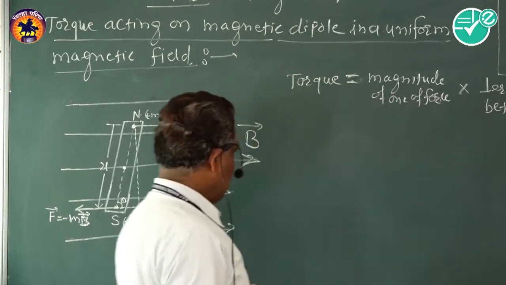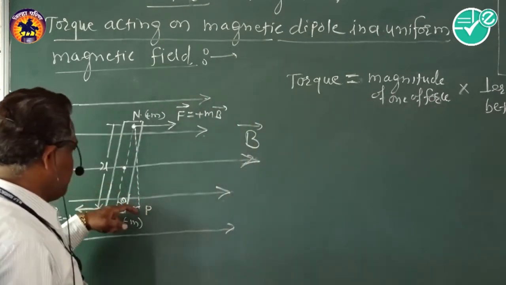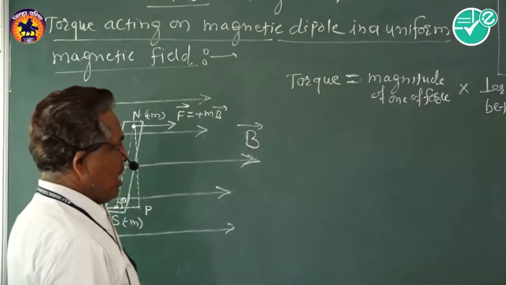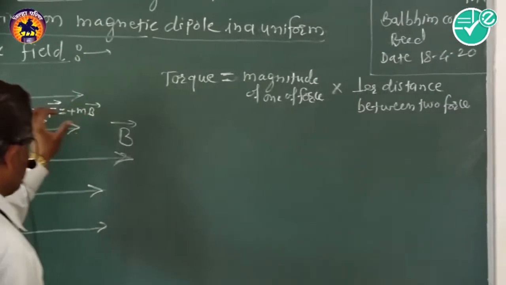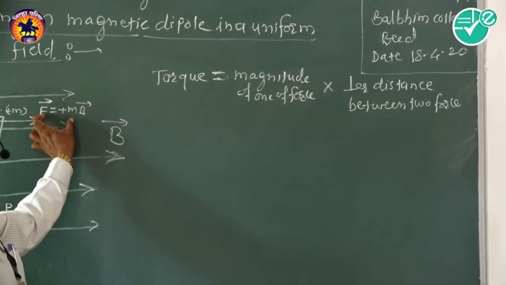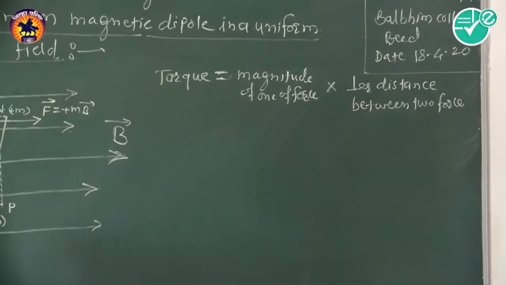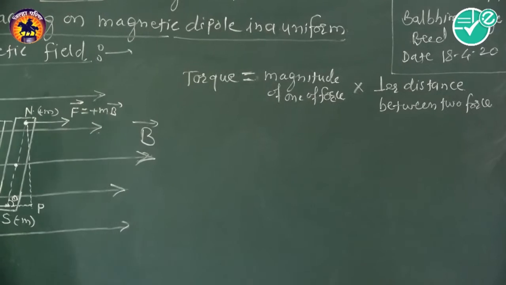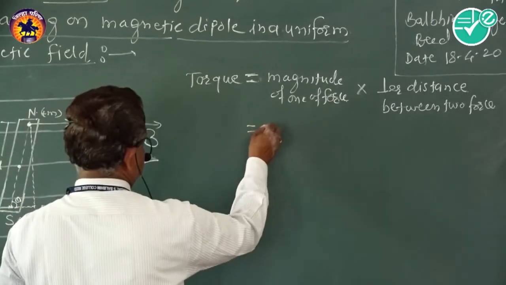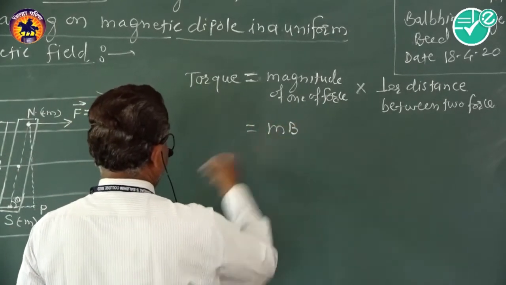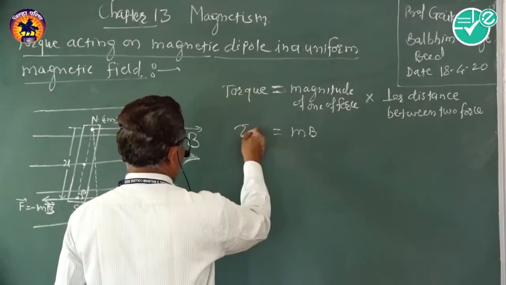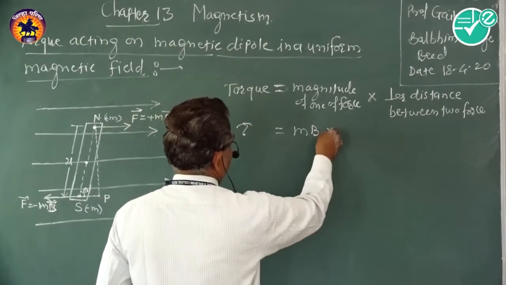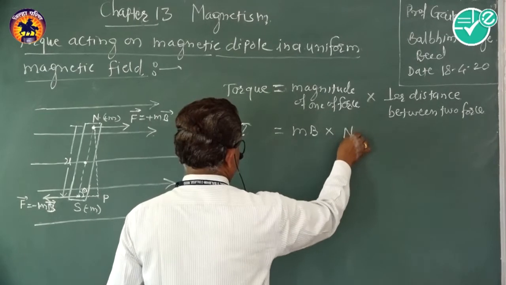Here the perpendicular distance between the two forces is NP, and the magnitude of force F, plus mB or minus mB, is mB. Suppose the torque is tau.